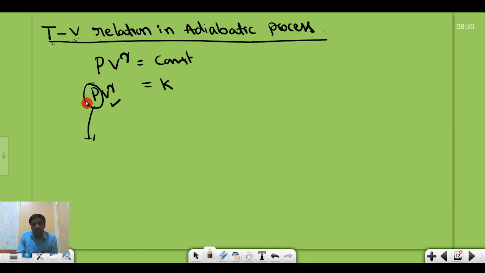To get this relation, we take the ideal gas equation, PV equal to nRT.